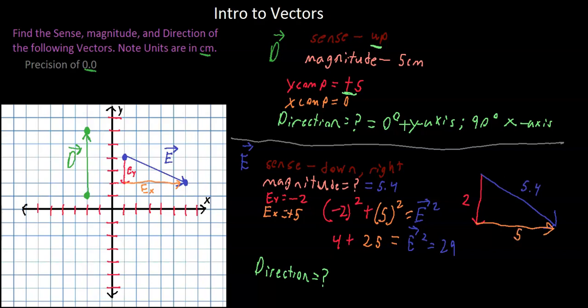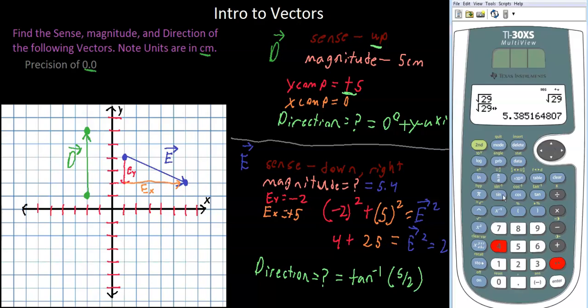We want to know what our direction, or our angle, is. We could use sine, cosine, or tangent, and in this case I could use any, but to get a more exact answer I'm going to choose tangent because it's opposite and adjacent. We know these numbers are exact, whereas we rounded this number, so it's less precise. So it's equal to the inverse tangent of opposite over adjacent, which is 5 over 2.